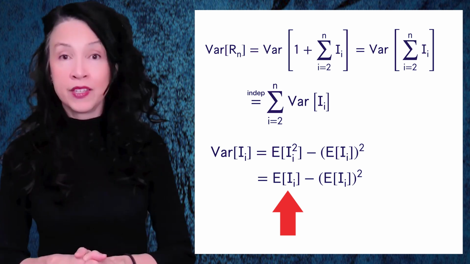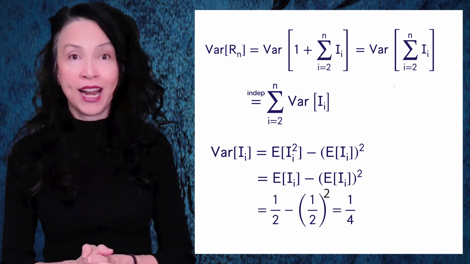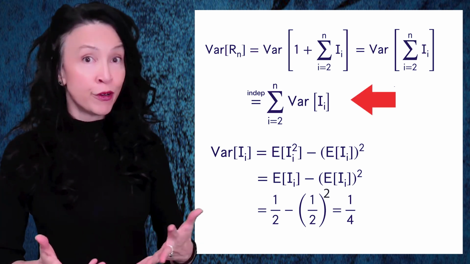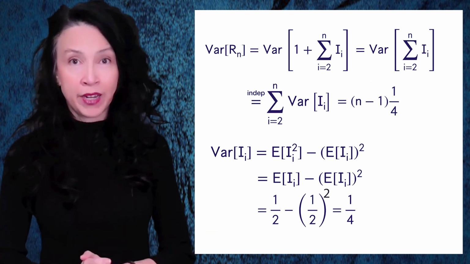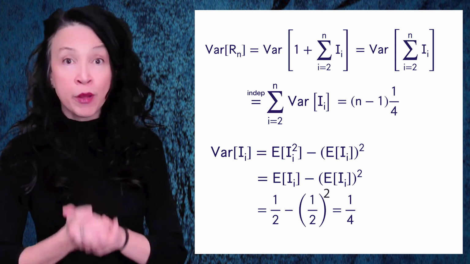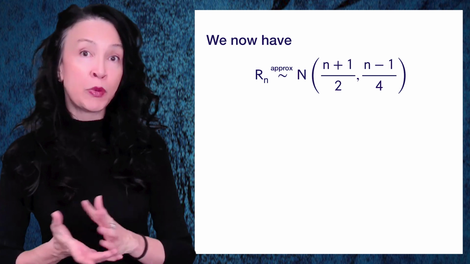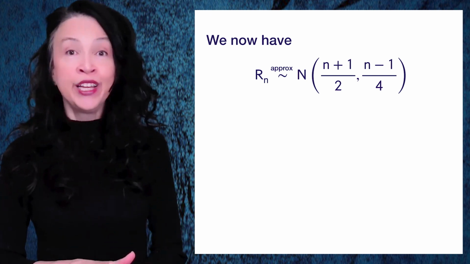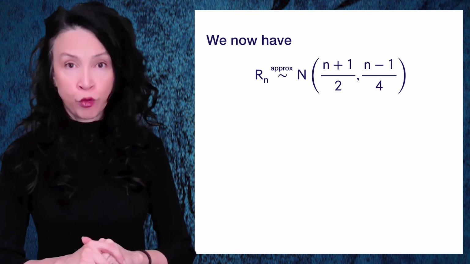This is 1/2 and this is 1/2, so we get 1/2 minus (1/2) squared, which is 1/4. Going back up here, we have 1/4 times n minus 1, so we get (n-1)/4, and we have completed the mean and variance. Our number of runs above and below the mean is approximately normally distributed by the central limit theorem, with mean (n+1)/2 and variance (n-1)/4.